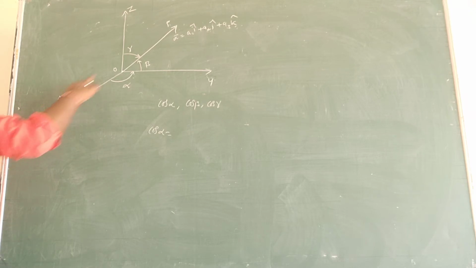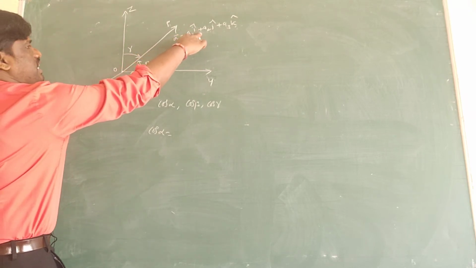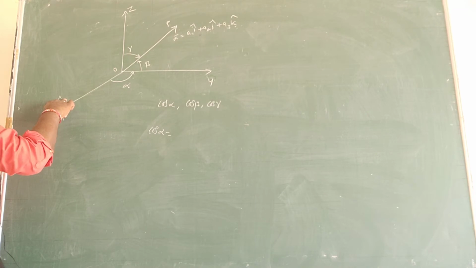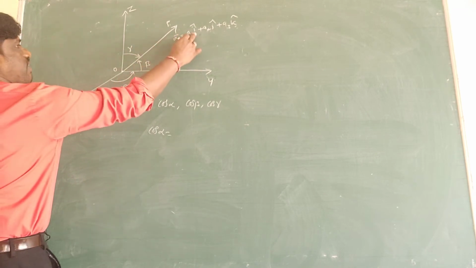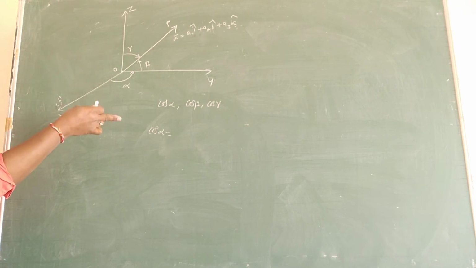So I dot this vector with i, and the i component is 1. So a1 into 1 is a1.